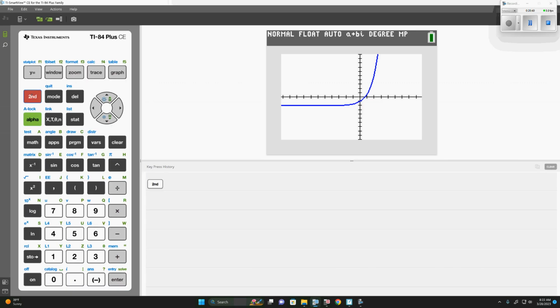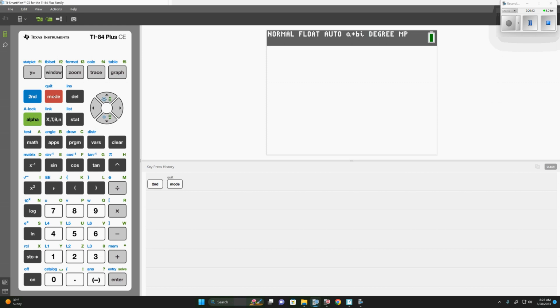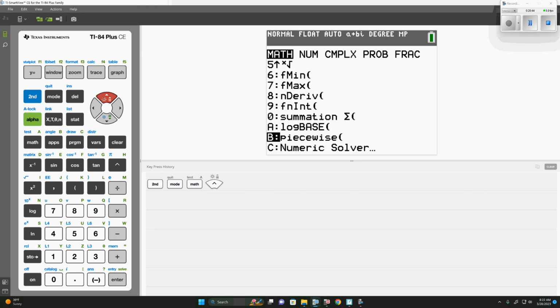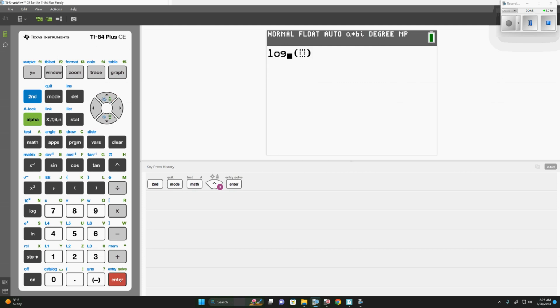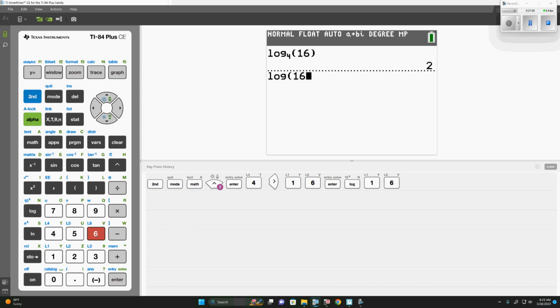Or the graphing calculator, if we go math and up, log base. It'll actually do it here. Now the normal log button doesn't give us a spot to put the base, so it doesn't quite work.